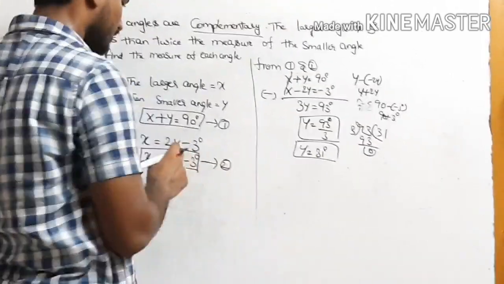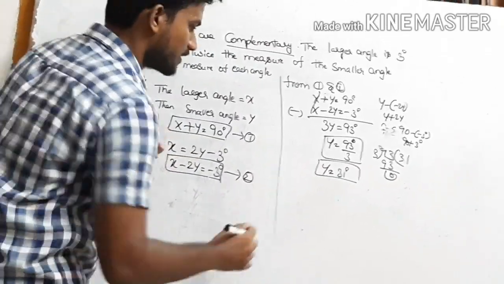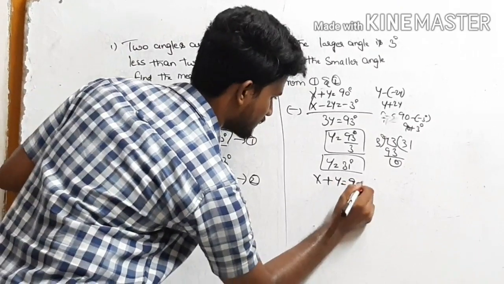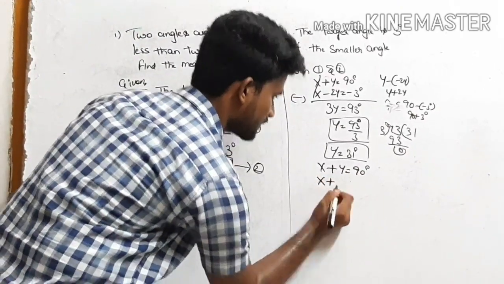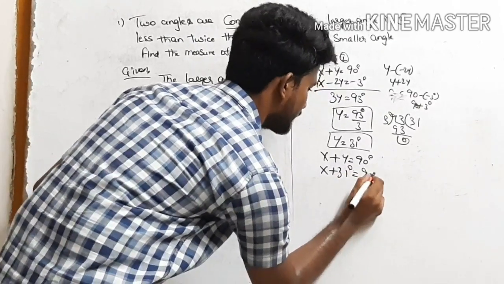Substitute these values in the first or second equation as we like. Then we can write x plus y equals 90 degrees, that is x plus 31 degrees equals 90 degrees.